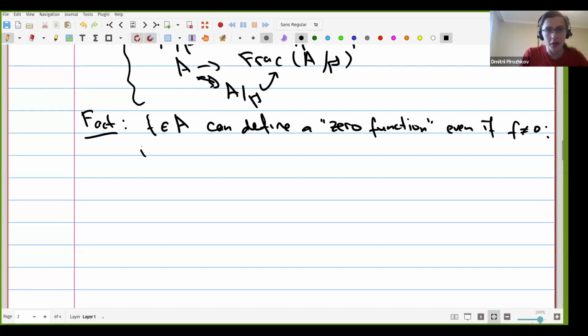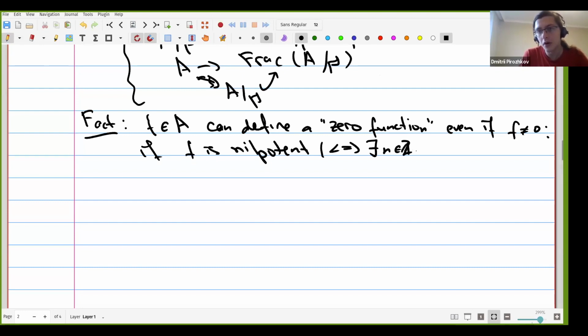For example, if f is nilpotent, which I'll remind you by definition means that there exists some integer n such that f raised to the n power is equal to 0 in A. Then f lies in P for all prime ideals.